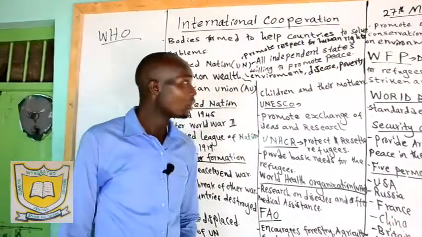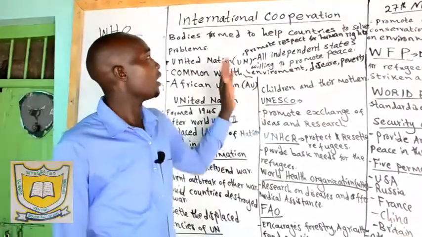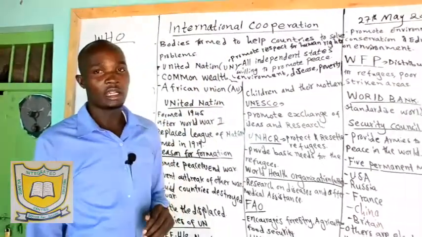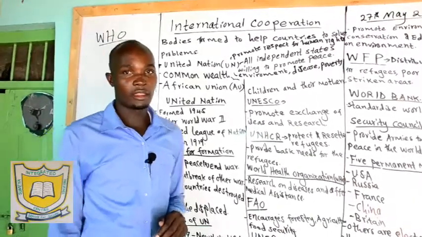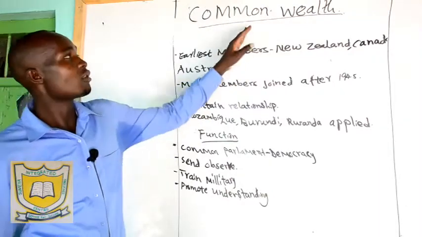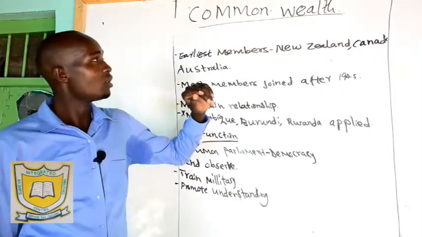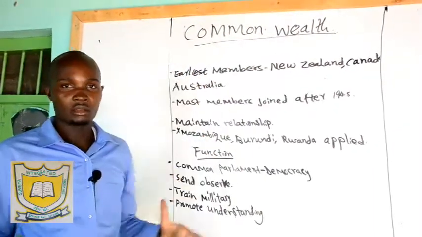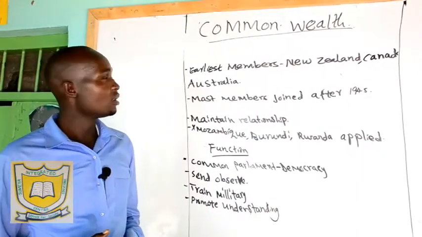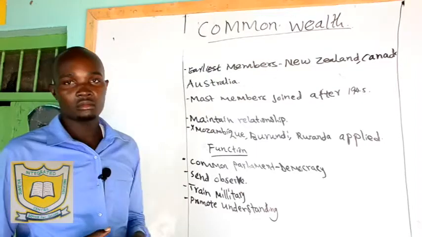That is about the United Nations. I think next we shall look at the Commonwealth. Okay, so we want to look at another world body or organization, and that is called the Commonwealth.